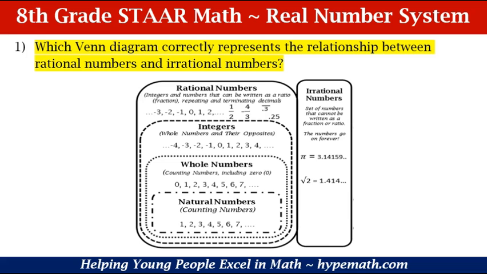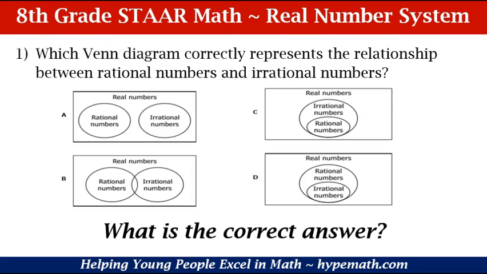Based on this information, can we decide or can we choose what the correct answer choice is? So let's look at our answer choices again. For answer choice A, we have rational numbers and irrational numbers totally separated in two different circles. For B, we have rational numbers and irrational numbers overlapping.